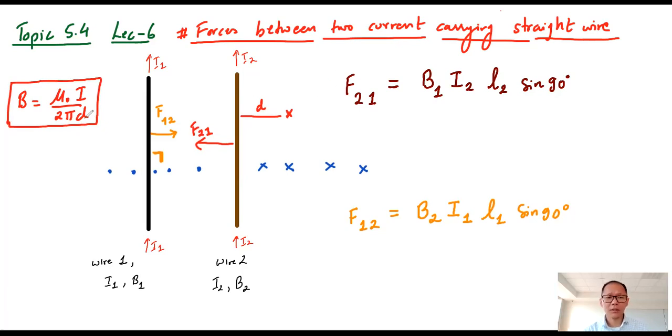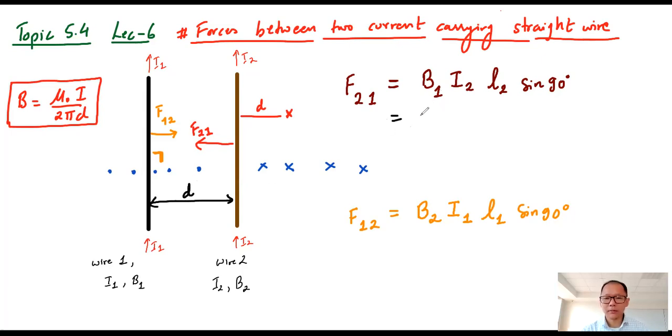Okay, if we use this formula here, we see that these two forces that we have found are exactly identical. So B1 is due to wire 1. So the distance is d, right? So the distance between these two wires is d.